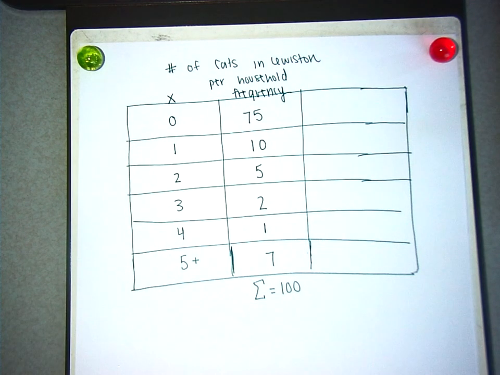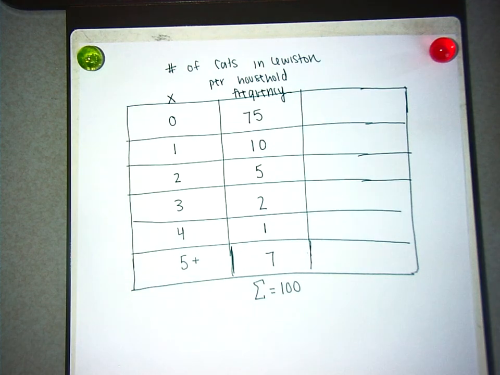So here's what you can't do. You can't say 0 plus 1 plus 2 plus 3 plus 4 plus 5 divided by 6. Because which category is weighted the most? 0. You put 75 households in the 0 spot.